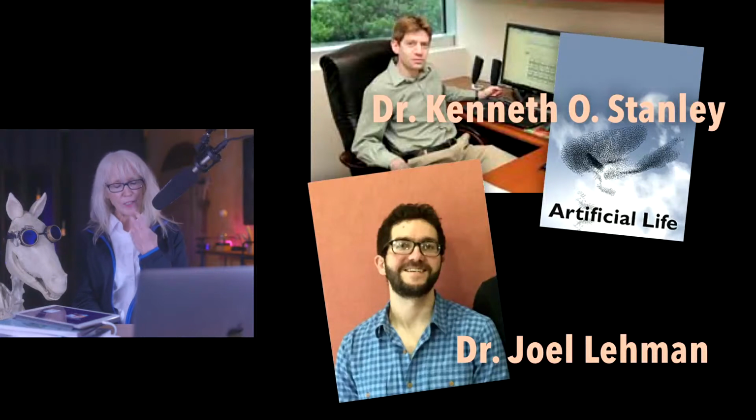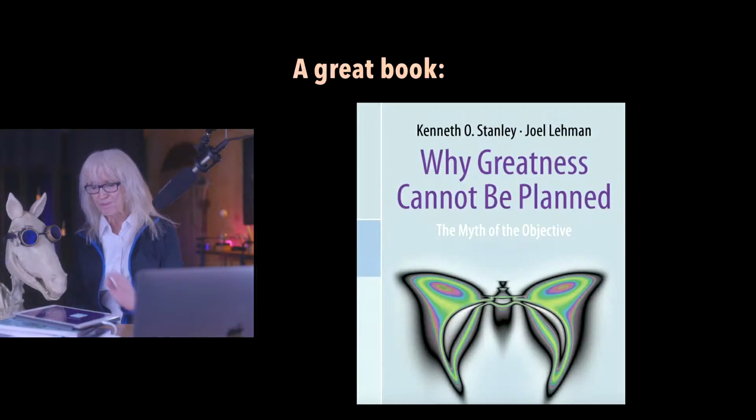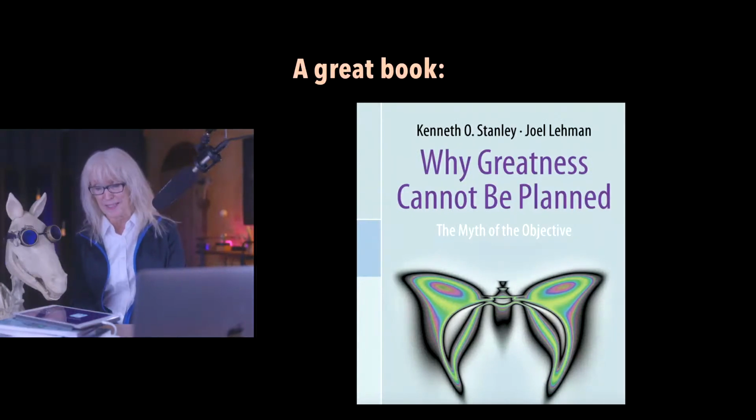He and Dr. Joel Lehman created these projects and invented novelty search, which has, since 2011, spun off into so many incredible things. In fact, a variation is what led to that self-correcting robot. They wrote this book, Why Greatness Cannot Be Planned: The Myth of the Objective.